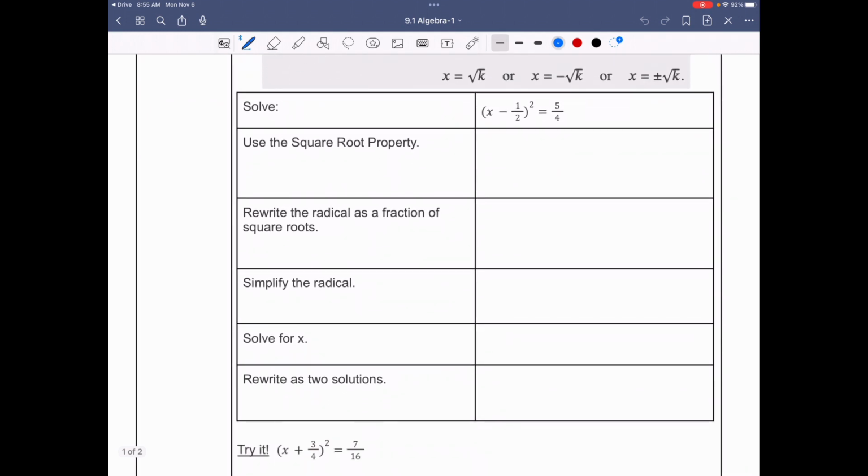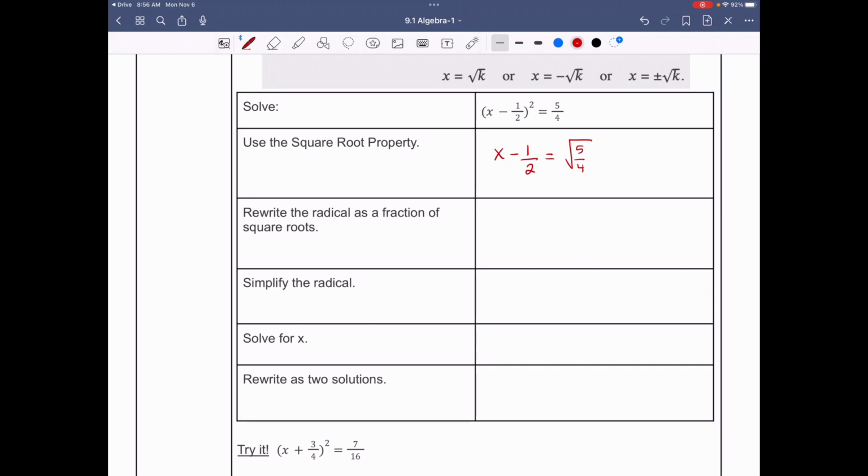Let's solve this problem. The first thing we're going to do is take the square root of both sides, because that's what the square root property tells us we can do. If we take the square root of the squared parentheses, the squared cancels. Then we need to take the square root of 5 over 4.